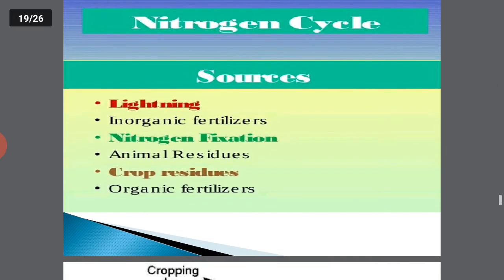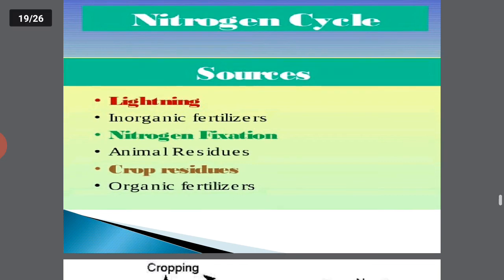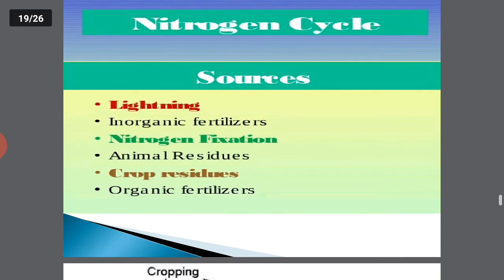Now we will move to our second topic of the day, that is the nitrogen cycle. What are the sources required for that? How nitrogen is cycled in the atmosphere through plants, what the cycle is, and how it repeats itself. The sources required are lightning, inorganic fertilizers, nitrogen fixation, animal residues, crop residues, and organic fertilizers.